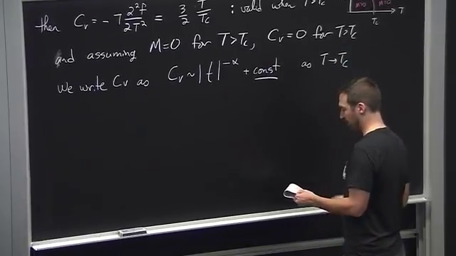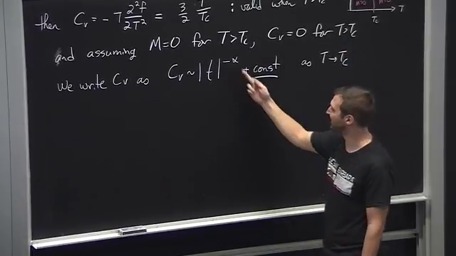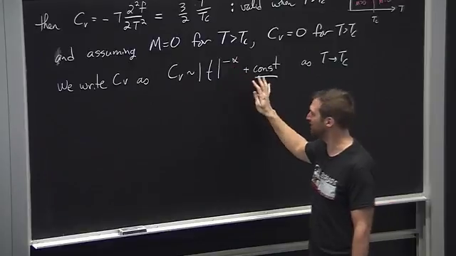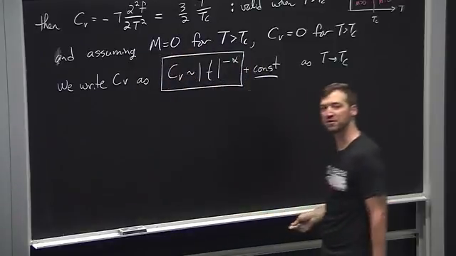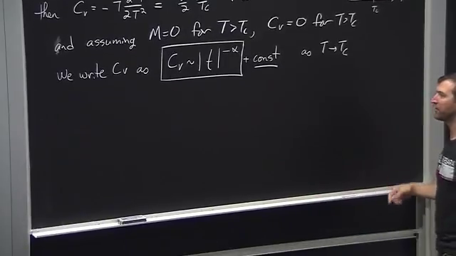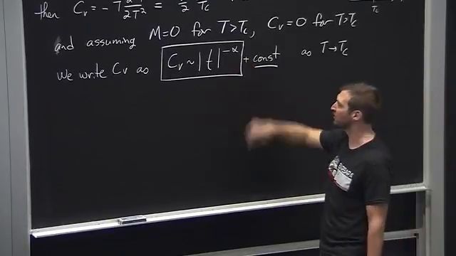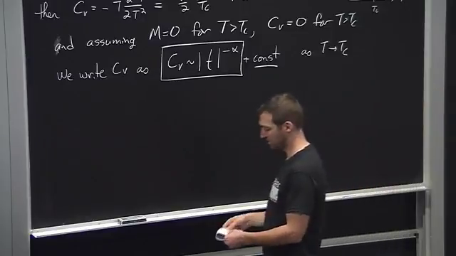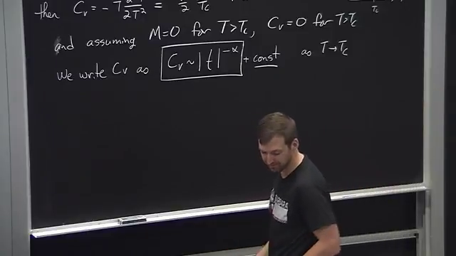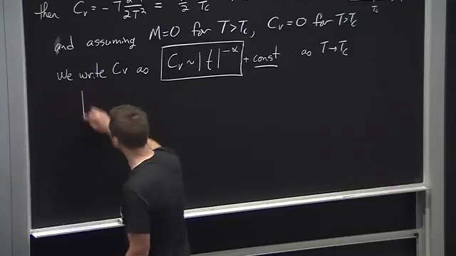So in mean field theory, if this is the general definition, like if this is how we write the specific heat in order to define a universal number, which I'm calling alpha, then alpha is 0 for the mean field theory.